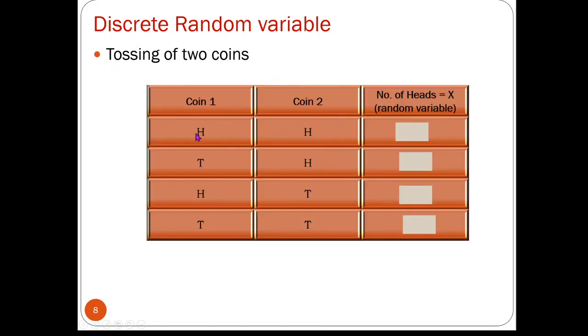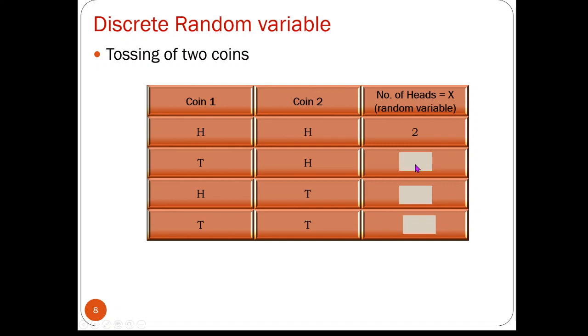Now one more experiment is there, that is the tossing of two coins. We get the outcomes HH, TH, HT and TT. So these are the sample points of the experiment of tossing two coins. Now x is the random variable which counts the number of heads in each sample point. The first sample point is HH, and the number of heads is 2.